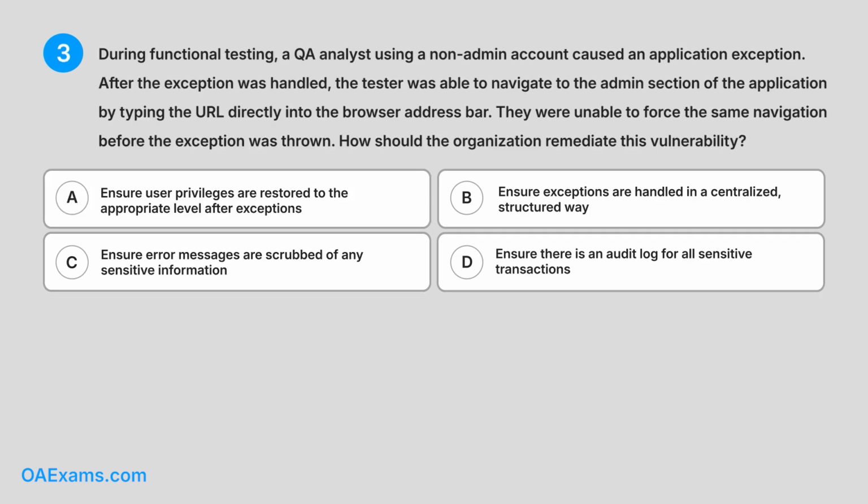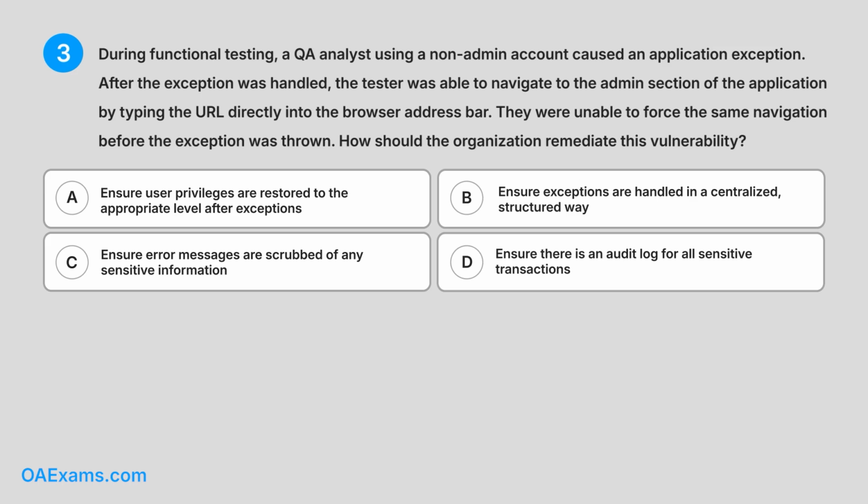3. During functional testing, a QA analyst using a non-admin account caused an application exception. After the exception was handled, the tester was able to navigate to the admin section of the application by typing the URL directly into the browser address bar. They were unable to force the same navigation before the exception was thrown.